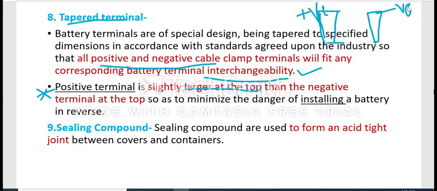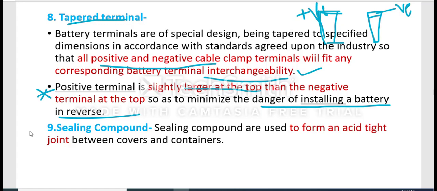The positive terminal is larger at the top than the negative terminal, so as to minimize the danger of installing the battery in reverse. So to avoid installing a battery in reverse, we provide somewhat larger space at the top of the positive terminal, and a somewhat smaller shape at the top portion of the negative terminal.